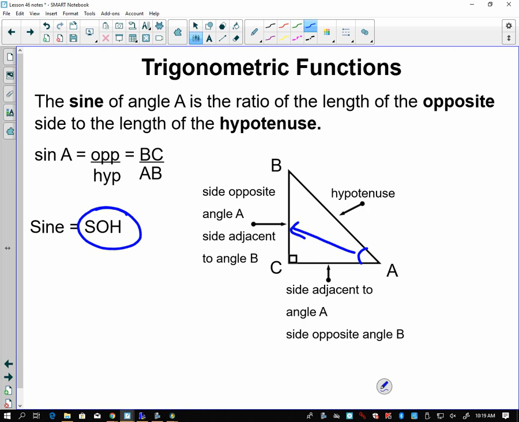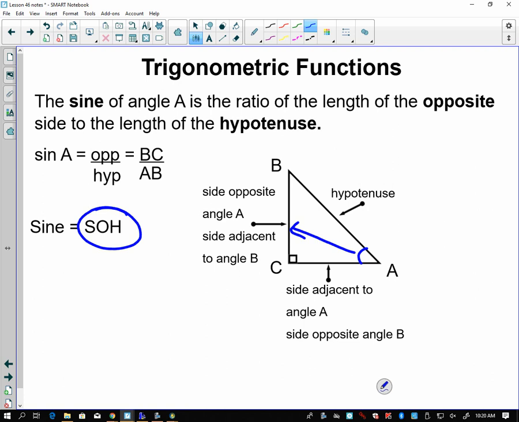Now, are we familiar enough to be able to identify a side that is opposite of an angle? Yes or no? Okay, we got that down. Can we identify the hypotenuse of any right triangle? Now we know how to identify the side that's opposite of an angle.